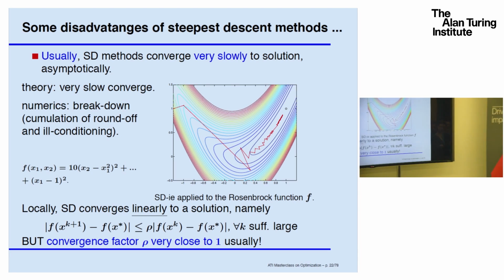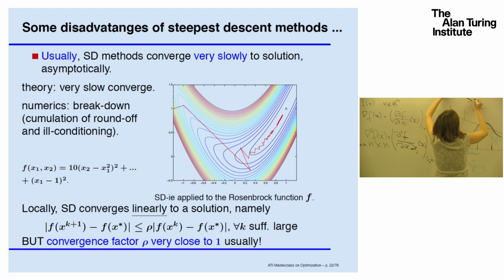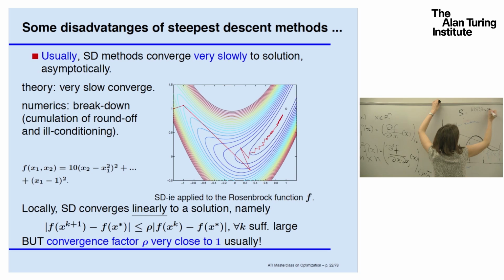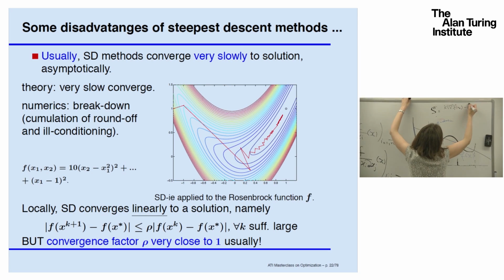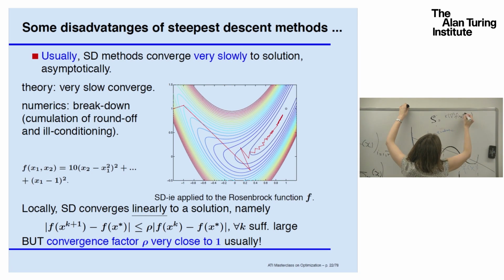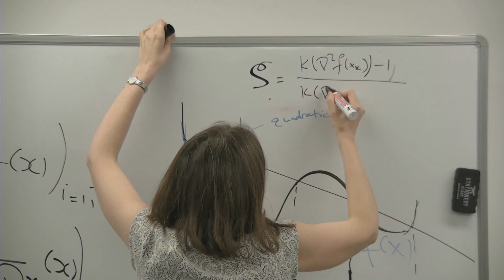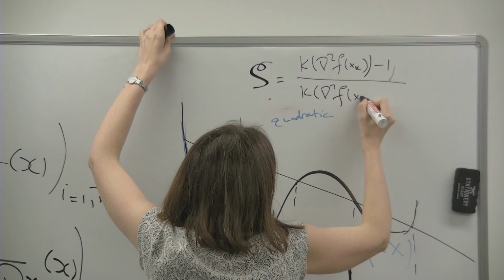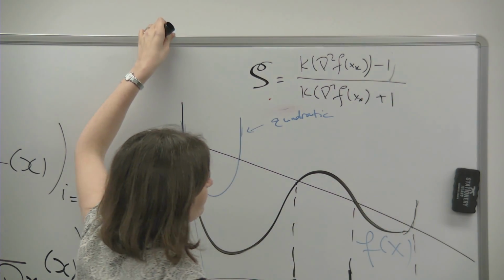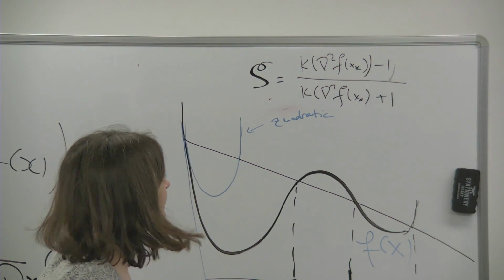The rho, the linear factor in steepest descent, is the condition number of the Hessian at the solution minus 1 over the condition number plus 1. Okay?